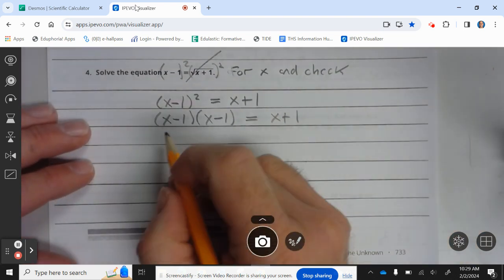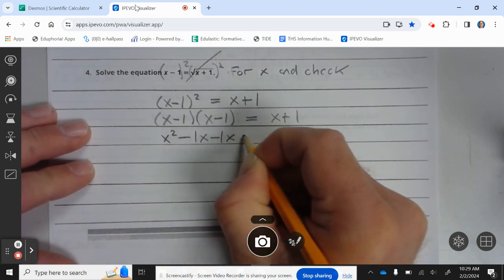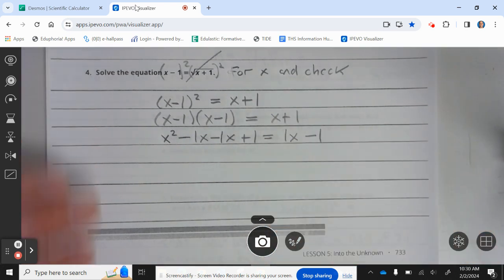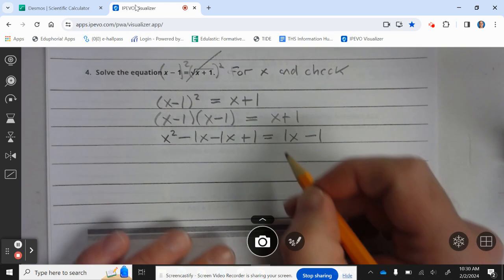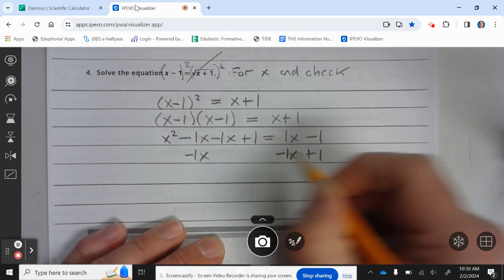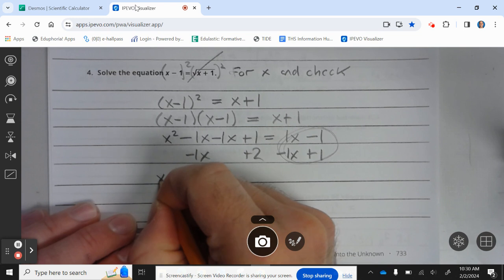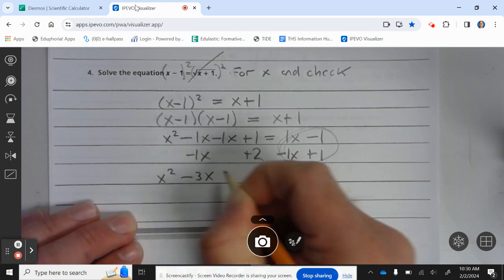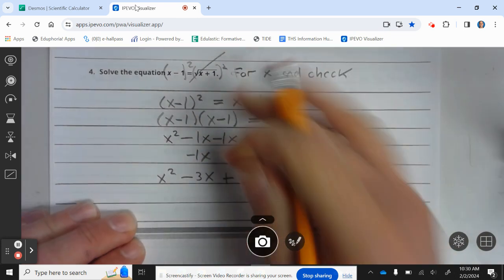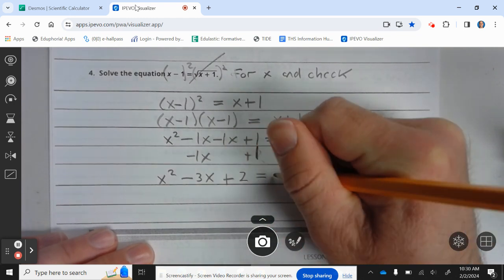So let's go ahead and FOIL. x times x is x squared minus 1x minus 1x plus 1 equals x plus 1. Now we need to move everything to one side to solve, so we're going to subtract 1x from both sides, and we're going to subtract 1 from both sides. This all becomes 0. We're left with x squared minus 3x plus 2 equals 0.